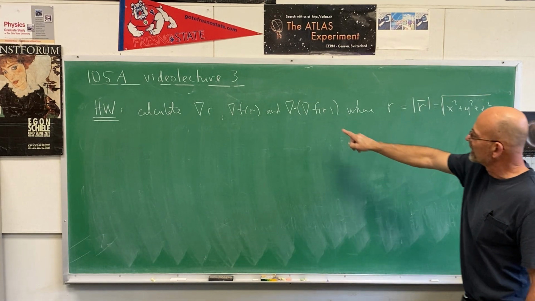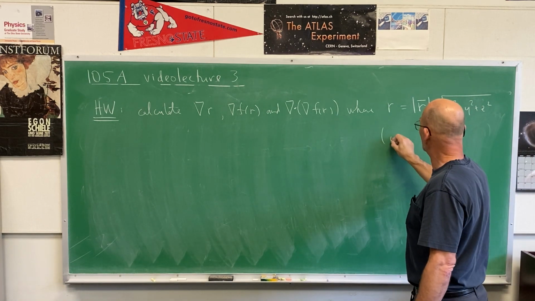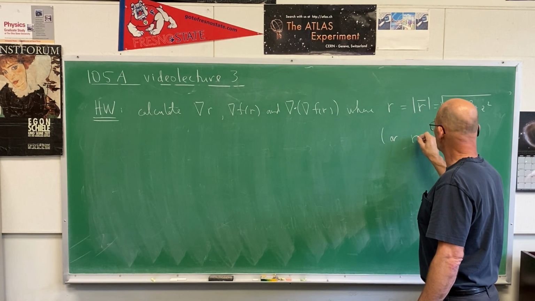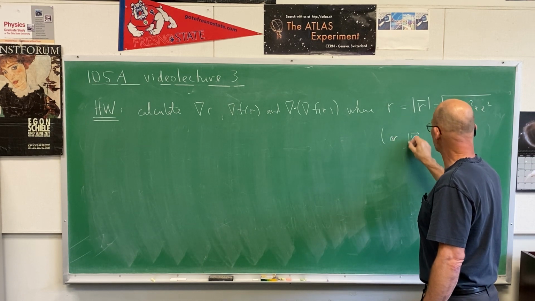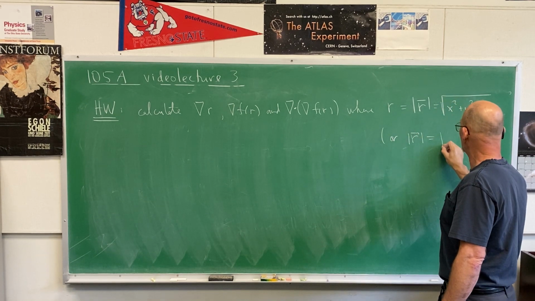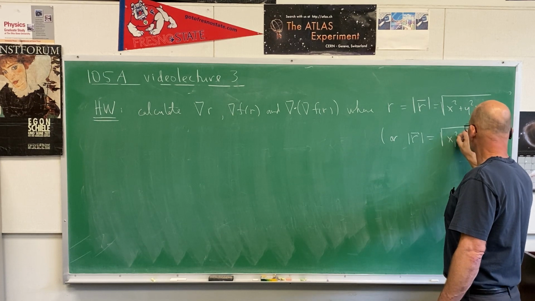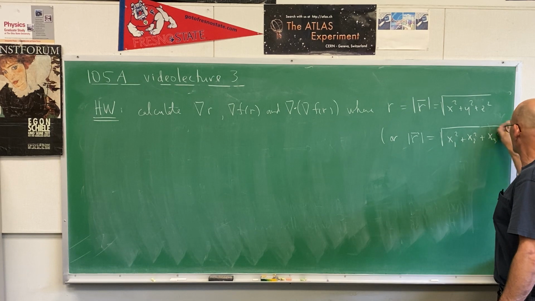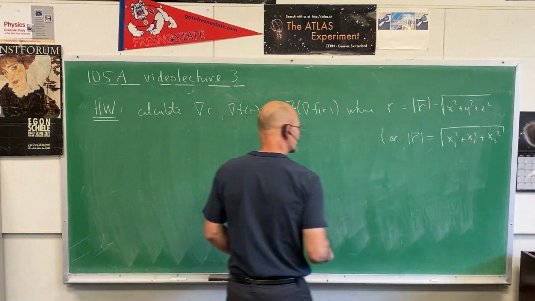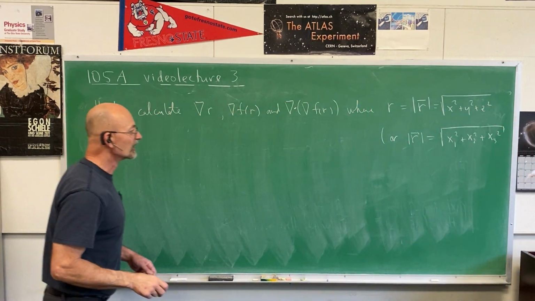When we're going through with these, it can be helpful to take the magnitude of R to equal the square root of x1 squared plus x2 squared plus x3 squared, if we're going to use some kind of index notation.